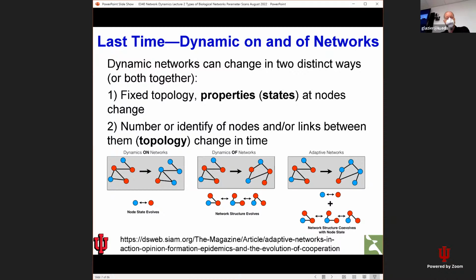And the main issue with dealing with dynamics on networks is dynamics of networks. In principle, if I introduce new nodes, then the game is open. I have no limits to what kind of complexity I can build. But if I have a fixed number of nodes, then in principle, I could create a link between every pair of nodes and just set the strength of the interaction to 0.